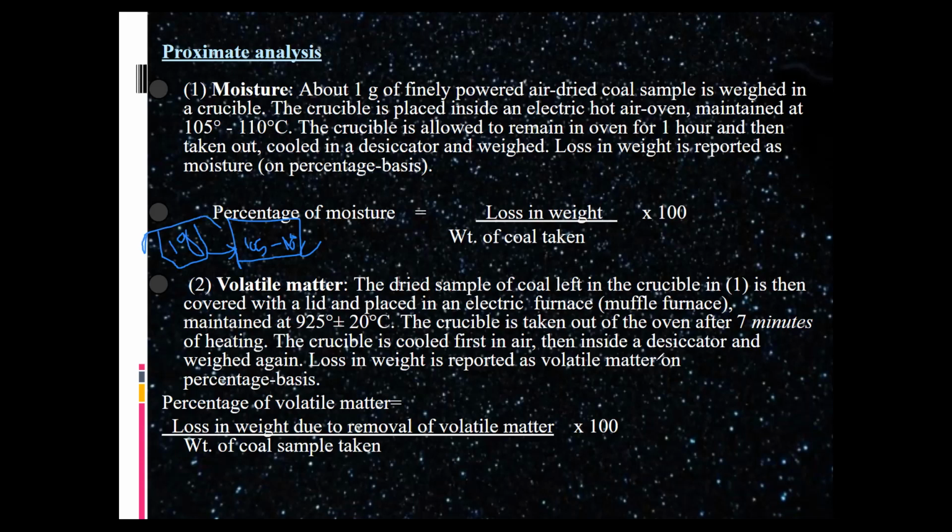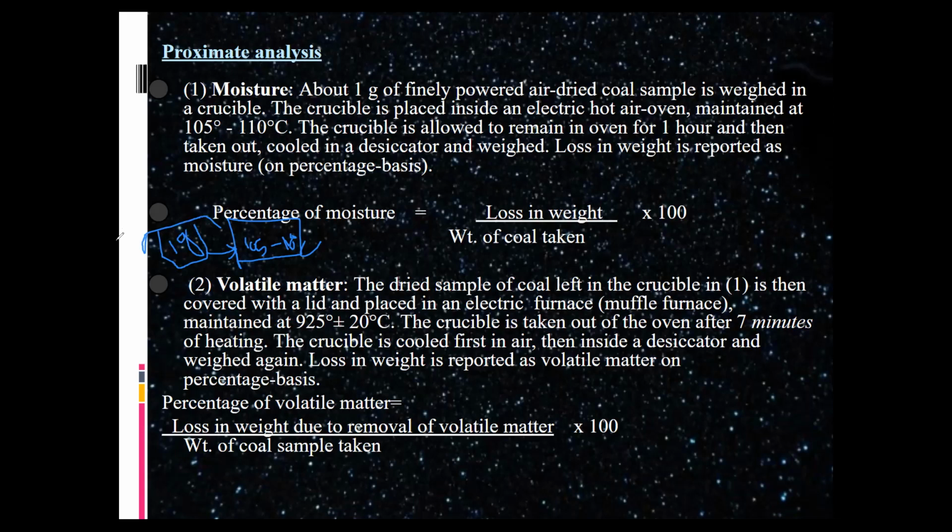After 7 minutes, the silica crucible is cooled first in air, then inside a desiccator, and weighed again. We take the silica crucible weight without the lid, because whatever volatile matter is there in the coal will escape, evaporate and stick to the lid.